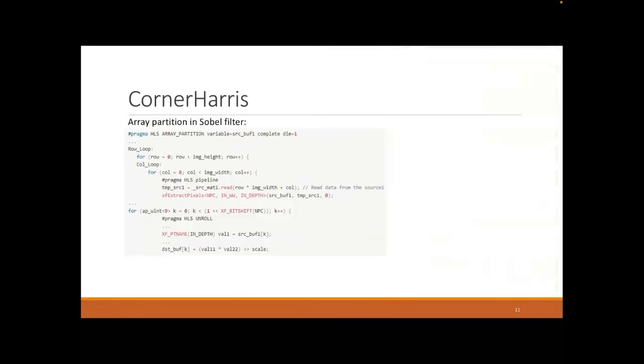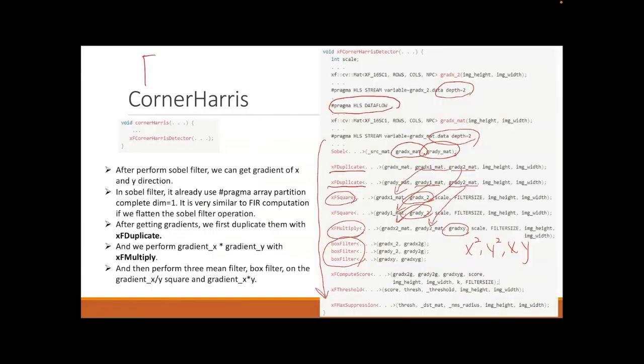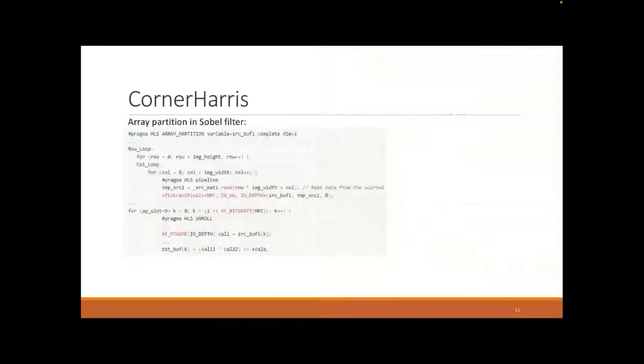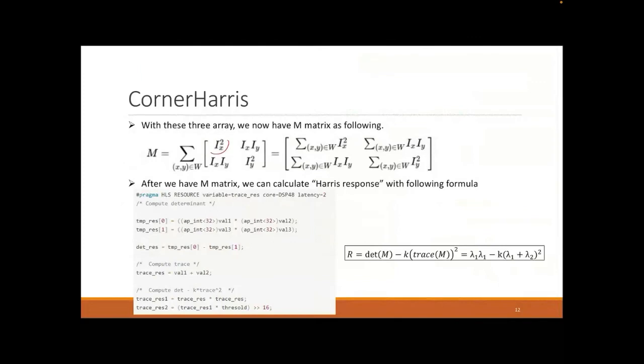If we have the matrices x square, y square and xy, we get this matrix M. Then we can calculate the Harris response with this formula.